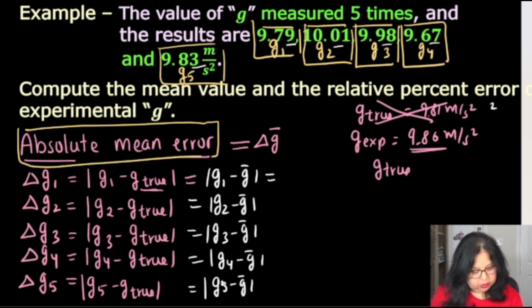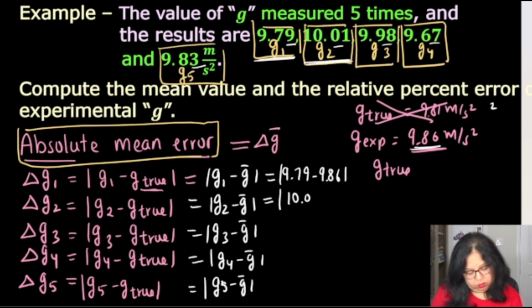G1 is 9.79 minus 9.86, absolute value. G2, 10.01 minus 9.86.